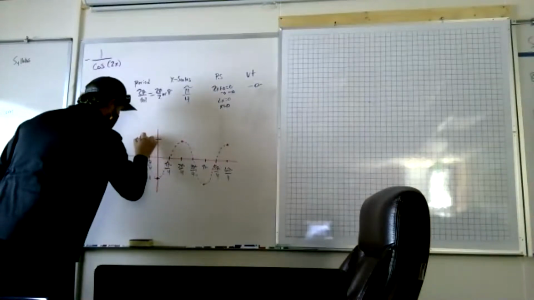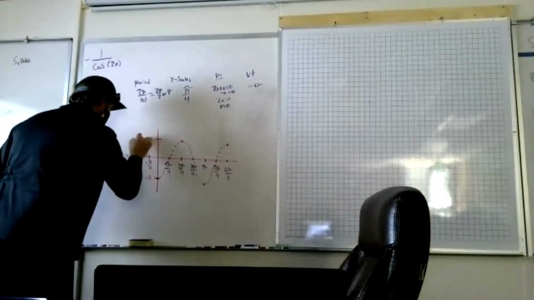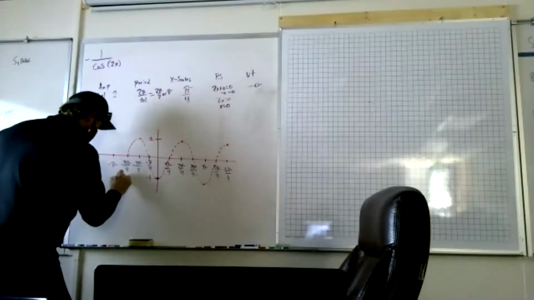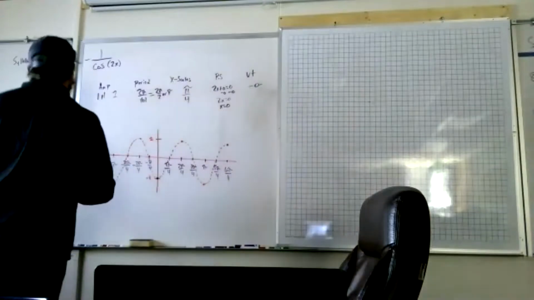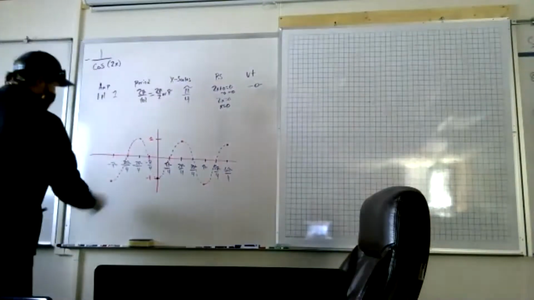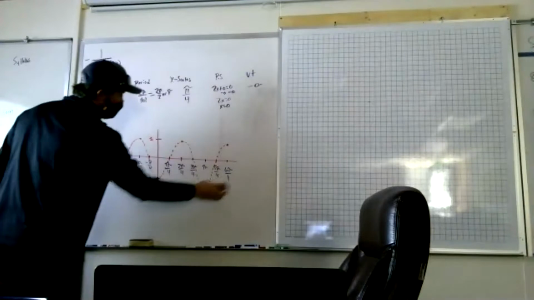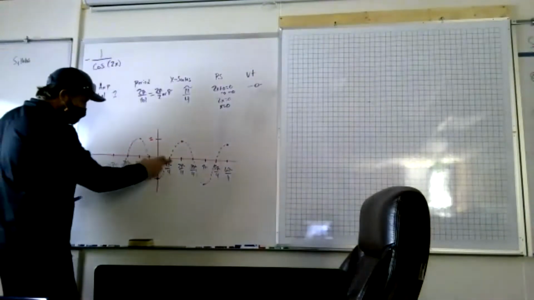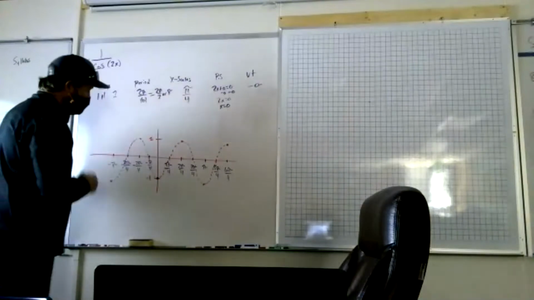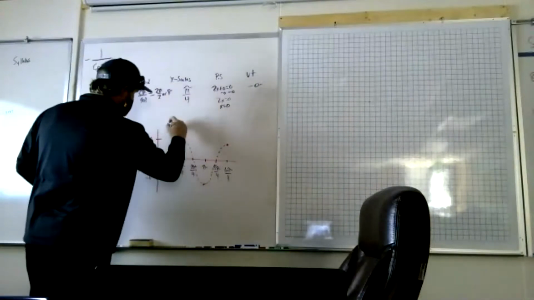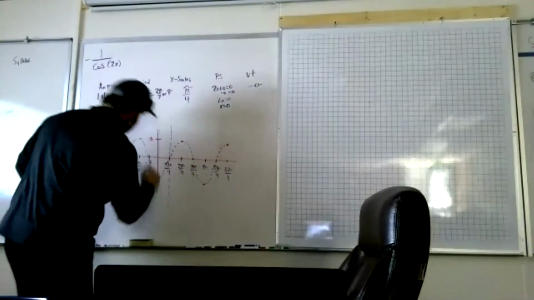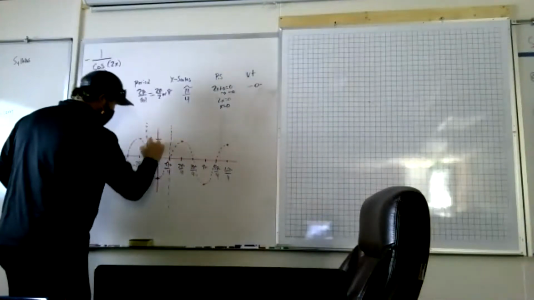This is what my cosine graph would look like. Okay, the period was pi. So every pi hit. And why I want to do this is because where these x-intercepts are, those are the asymptotes of my secant graph. So you can see my asymptotes here in purple.